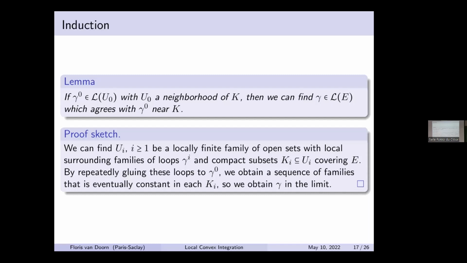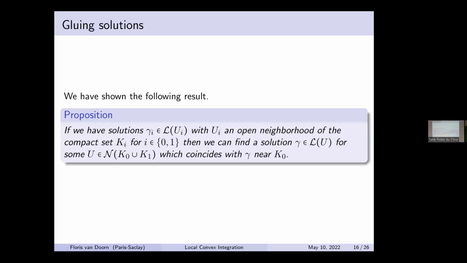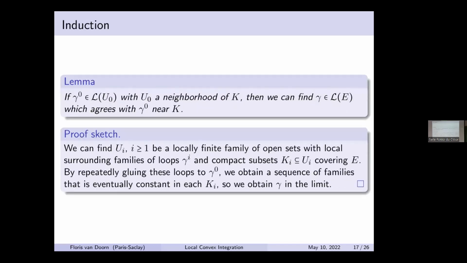But if we have this, then we can repeatedly glue all these gamma_i to gamma 0, and then we can obtain a sequence of these families of loops. And because of our property, our previous lemma states that the family of loops near our compact set is equal to the old value. On all the K_i we are just extending the loop.